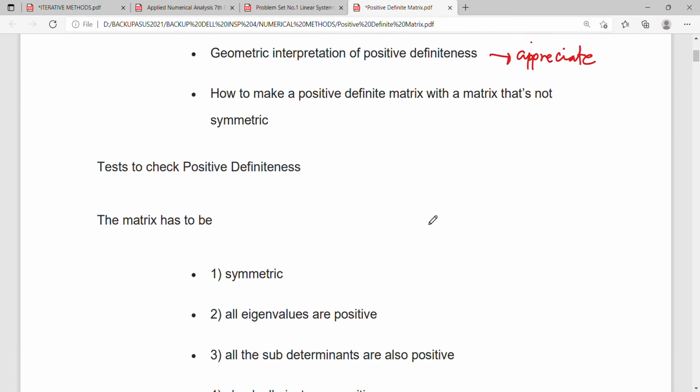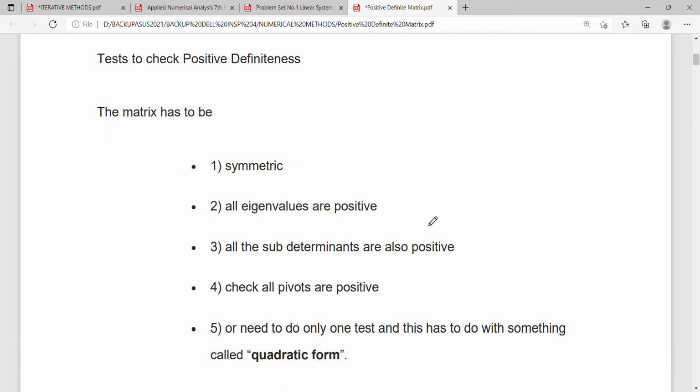First, in order to determine whether it is a positive definite matrix, we have to have some procedures on how to deal with it. We have a lot of procedures to learn, and some of them are already very familiar to us. The matrix, in order to be positive definite, has to be symmetric. We know that stress tensors, so you can see the relationship between continuum mechanics and numerical methods.